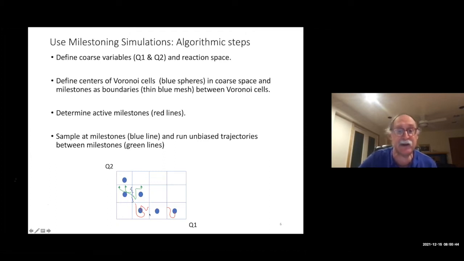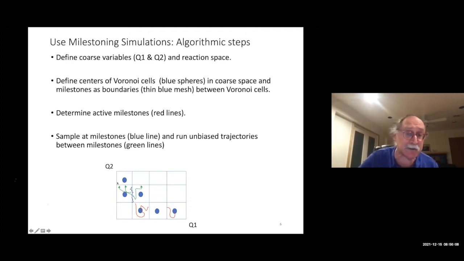And a milestone is an interface between Voronoi cells, like the thin blue line here, or the mesh that we see here. Once the trajectory terminates at a particular milestone, or at a particular interface here, we stop and we mark this milestone as active. This is a milestone that we sampled when we started from the Voronoi cell, from the anchor at the center of the Voronoi cell.